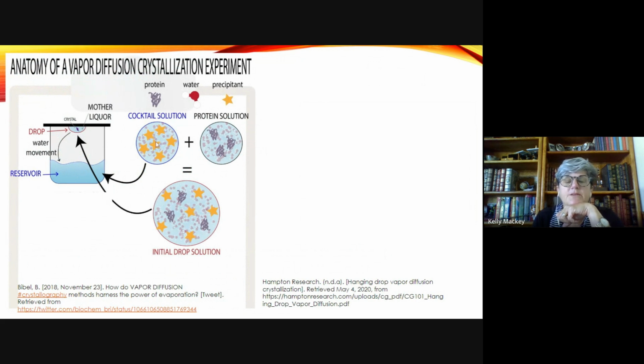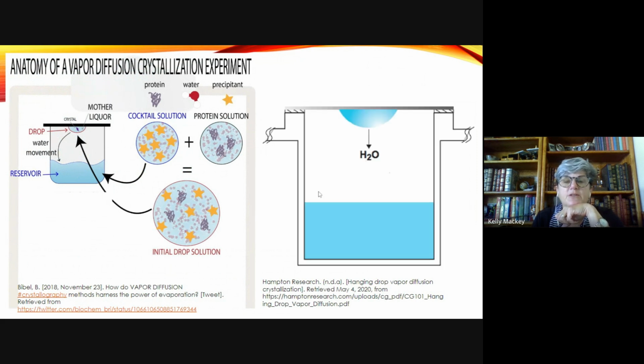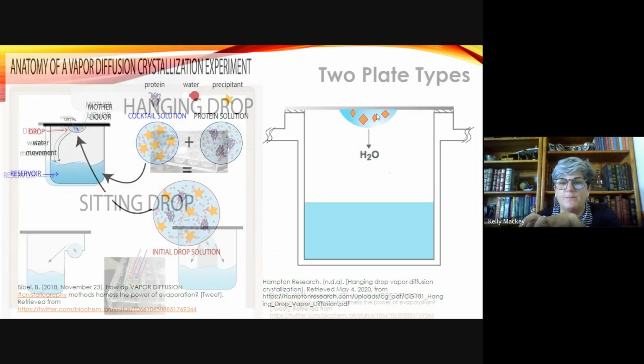And this is showing you that you've got your cocktail solution and you've got your protein, and the initial drops are mixed together. And what happens is, as osmotic pressure takes over and water slowly leaves that drop, you should start to see these crystals forming in your drop. That's the hope anyway. And you're looking at it from the top, so you'll be seeing this drop, and inside that drop, you should start to see visible crystals.